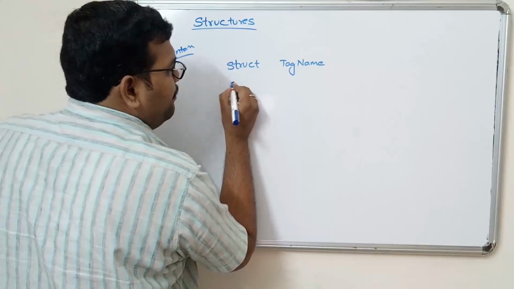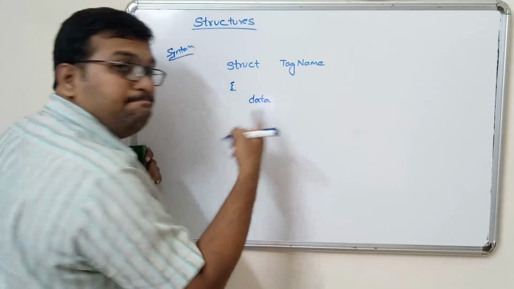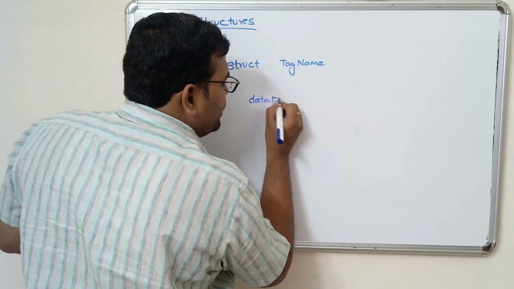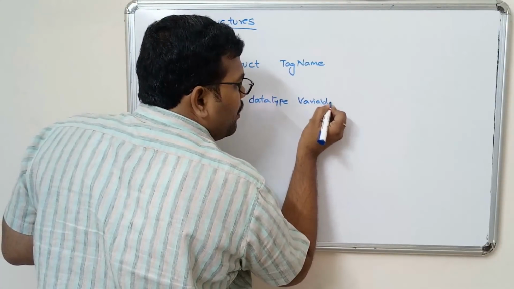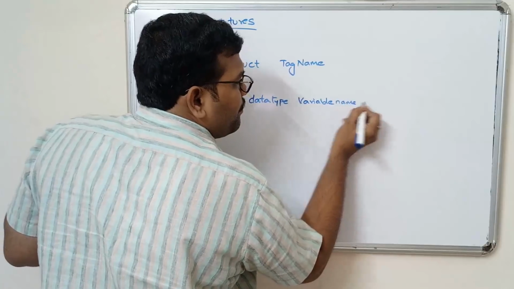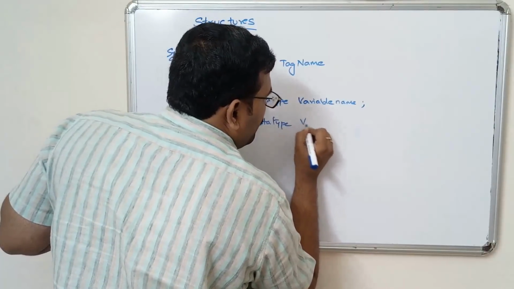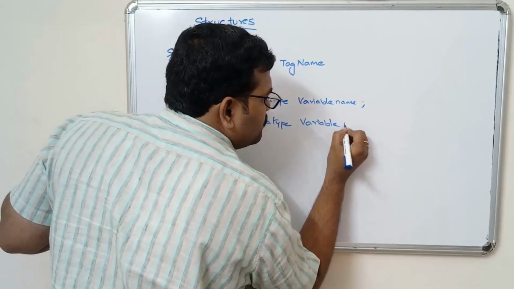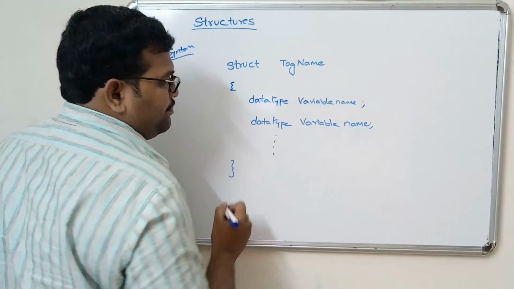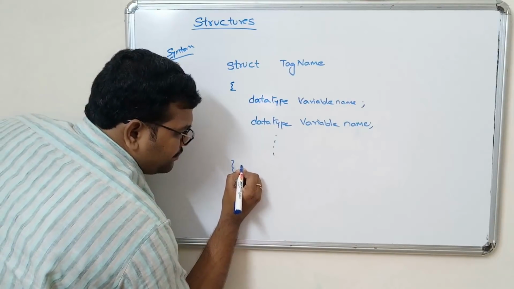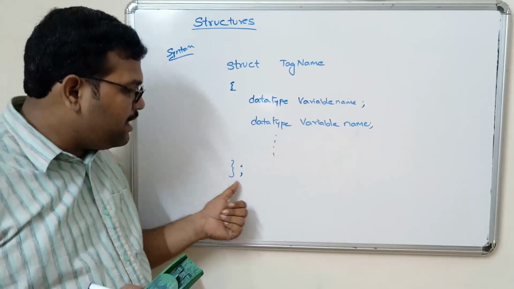So: struct tag name, open brace, write the list of members: data type, variable name, again data type, variable name, etc. Close the structure and put the semicolon.